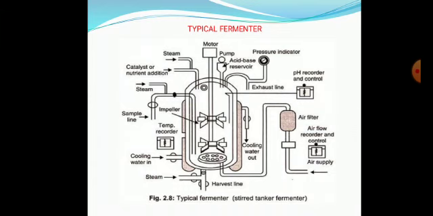And we are using so many things to autoclave the media components, and sampling ports. And you can also see at the bottom there is a harvest line at the bottom of the fermenter. One pipeline goes down, it is for harvest, that is downstream processing. As we know, fermentation contains two steps, upstream and downstream. For downstream we use that.